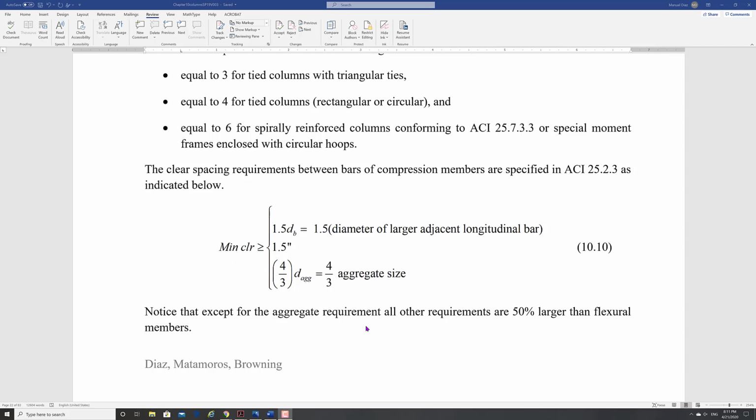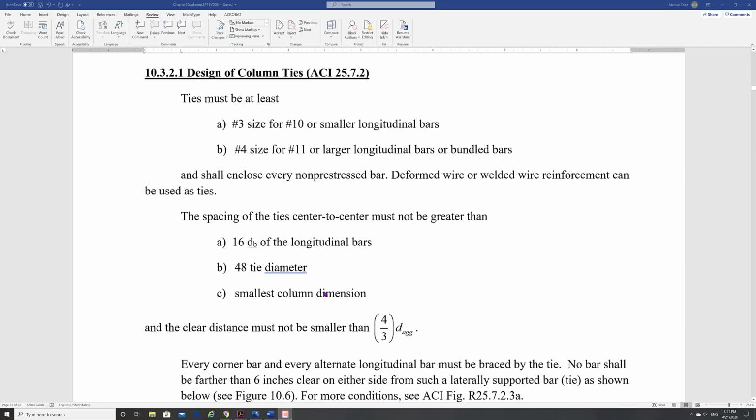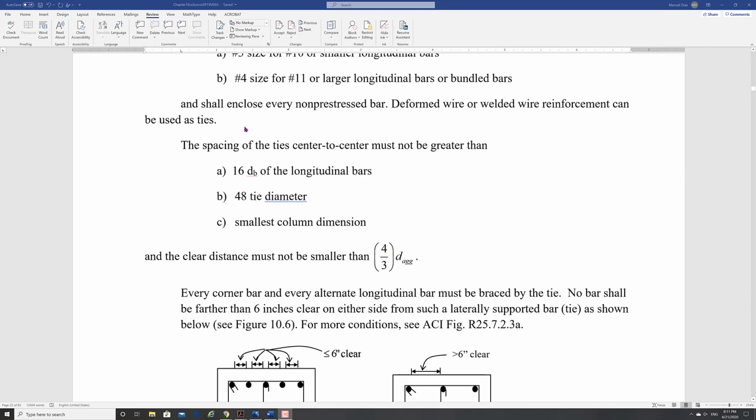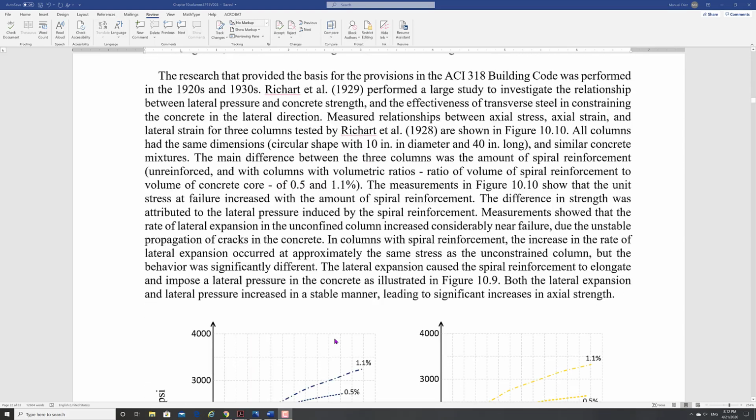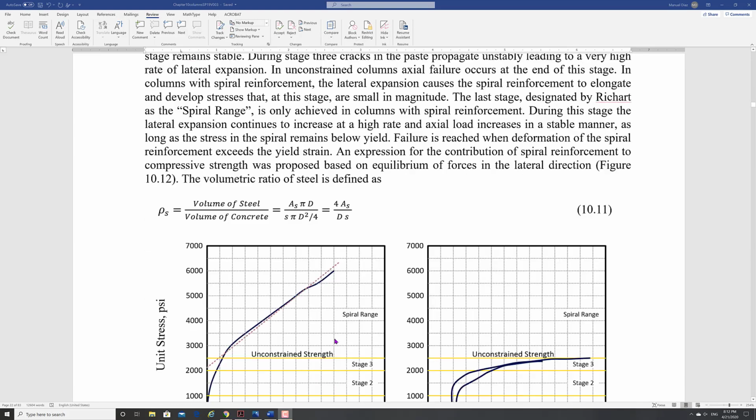But that's minimum. Okay? That's your minimum clearance. And this one is your maximum spacing that you can provide in order to control the lateral movement of the bars. Okay? All right, so that's kind of reviewing that just to make sure that you remember that, because you have to use it.